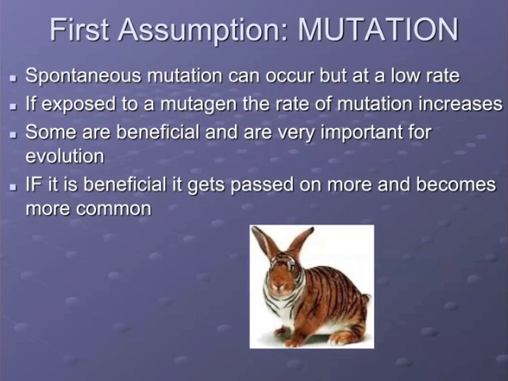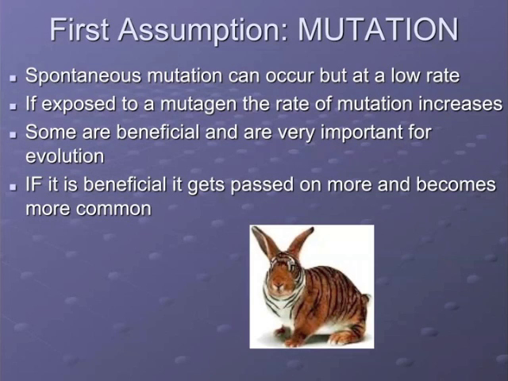Some of them are not, but the bonus is that the ones that are not beneficial most likely don't get passed on to future generations, because those people do not survive as well and cannot actually pass it on. So the beneficial ones get passed on more and eventually become more common. So therefore the mutation becomes commonplace and you don't even realize it's a mutation anymore.